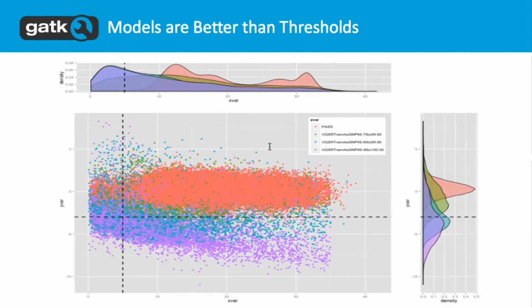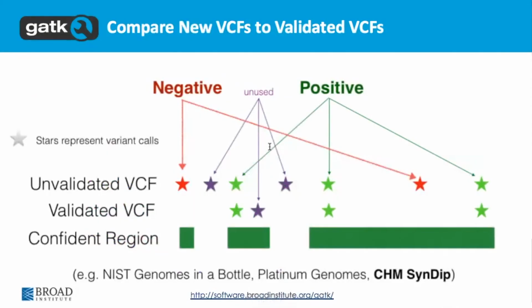Let's see what else. Okay, so how do we get truth data? The idea that people came up with in the truth resources that currently exist, such as Genome in a Bottle, and so on, is to have a call set that is a consensus call set with many different callers.